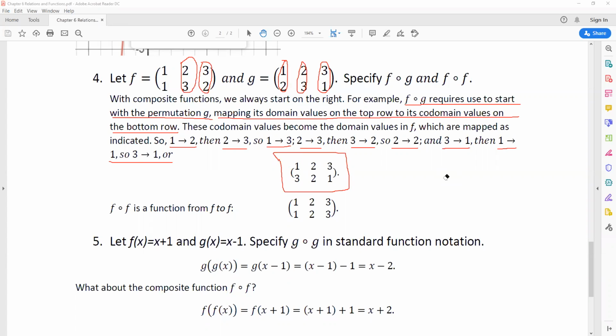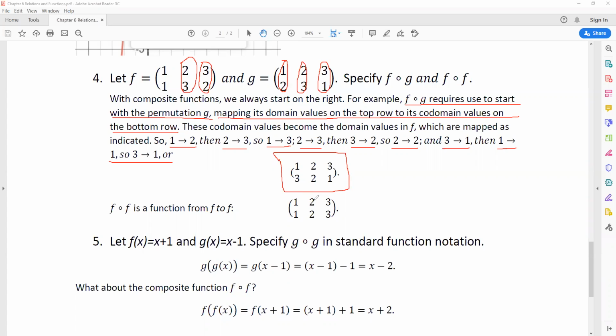So let's talk about f of f without as much detail. f of f means that we're going to pick up in f, map it through f, and see what the outcome value would be. Let's start with 1. Well, f maps 1 to 1, and then mapping again through f, that 1 goes back to 1.